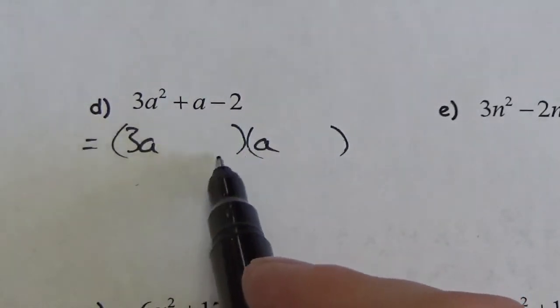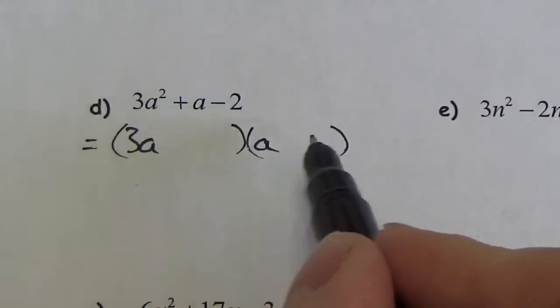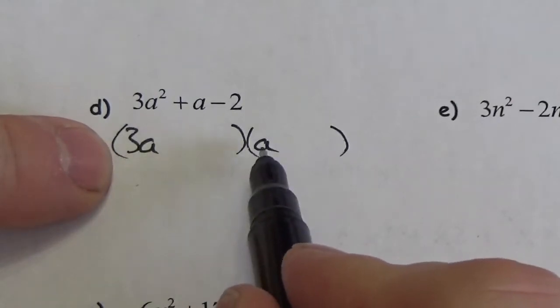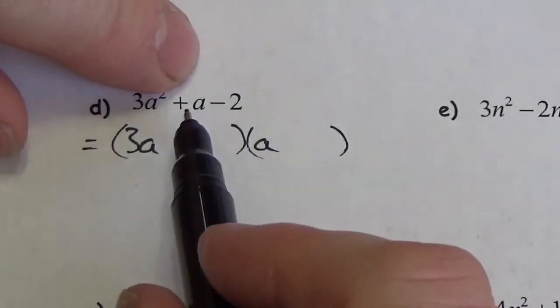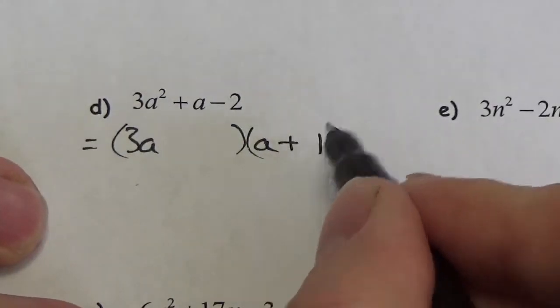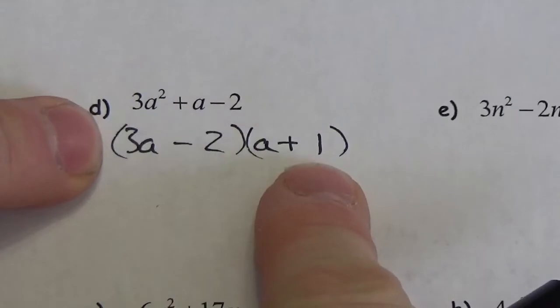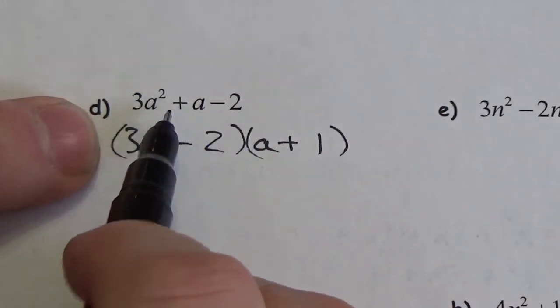It's going to be either 2 and 1 or 1 and 2. So if it's 2 and 1, then when I multiply this out, it would be 3 together with 2. Okay, I can make that become a 1 as long as this is positive and this is negative. So 3 times 1 is 3, negative 2 times a is negative 2, and I add those together, I'm getting the 1, positive 1.